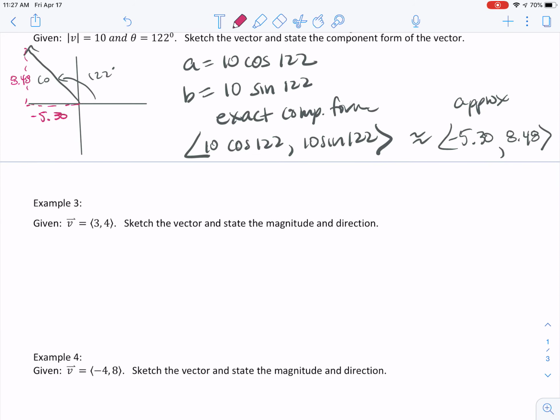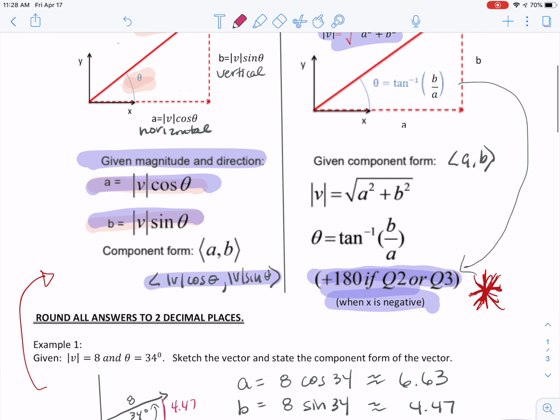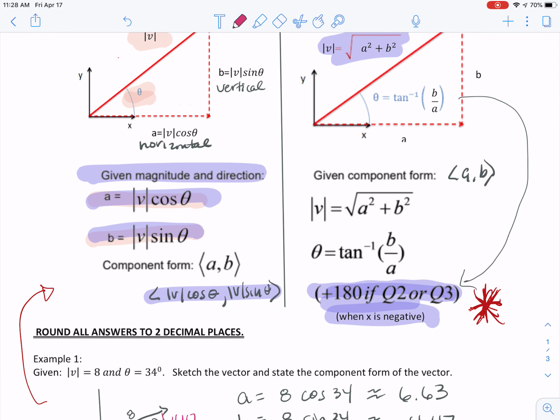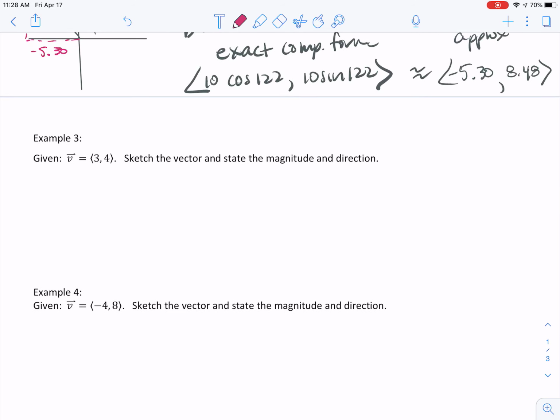Okay. So now sketch the vector and state the magnitude and direction. So this time I'm going to be using the right side of this chart over here because I've given you the component form. And this is when I got to think about the adding 180. If my x is negative, meaning it's in quadrant 2 or 3, I'm going to have to add 180. So sketch the vector.